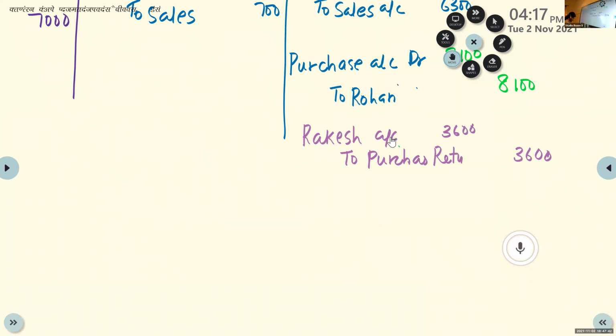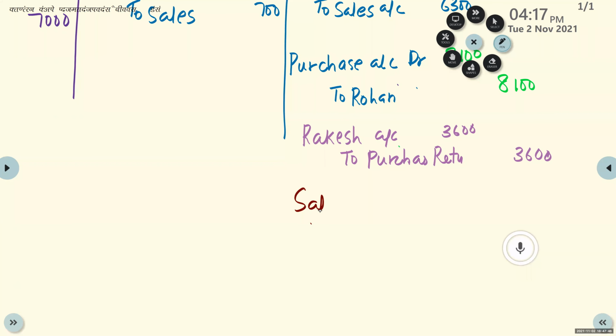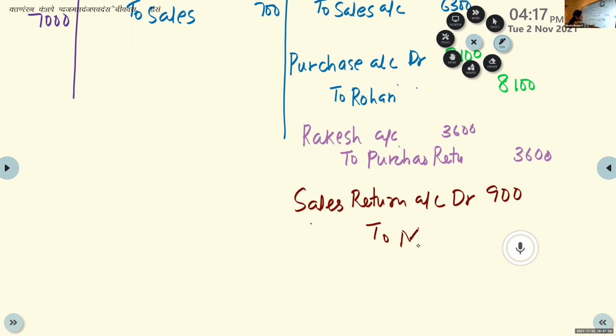Pranav, last one. Sales return debit 900 to Mahesh 900. Yeah. Sales return account debit 900 to Mahesh 900. Okay.